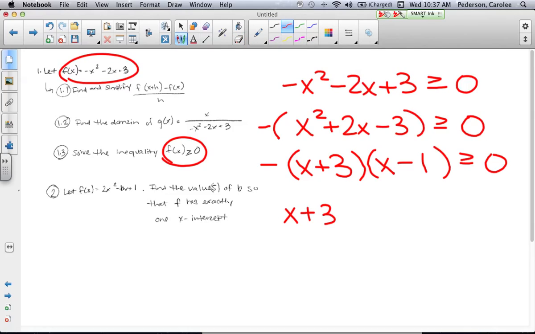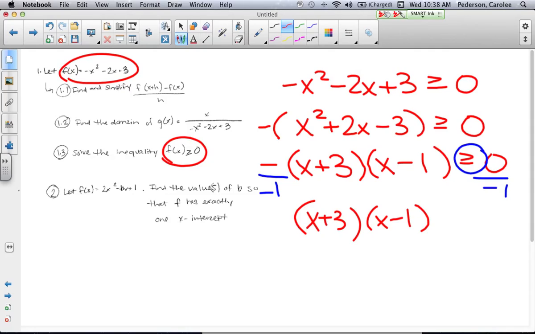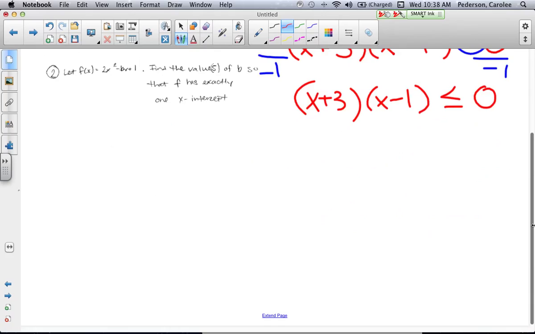Actually, we probably need to divide this first by negative 1 to get rid of this. So divide by negative 1, divide by negative 1. And what happens is this sign is going to switch directions. So now we're left with x plus 3, x minus 1, and then flip this, less than or equal to 0, and 0 divided by negative 1 is still 0. Now we solve them individually for x.